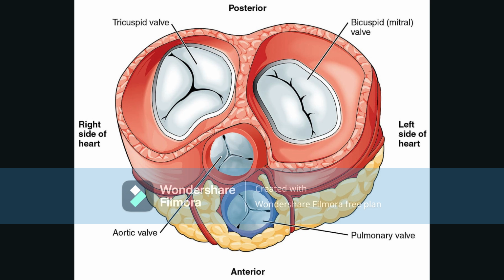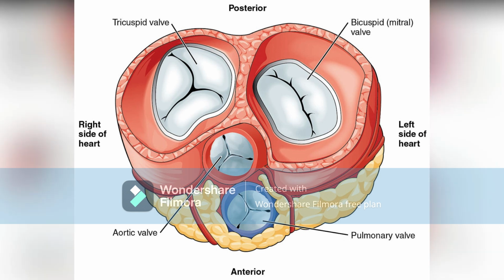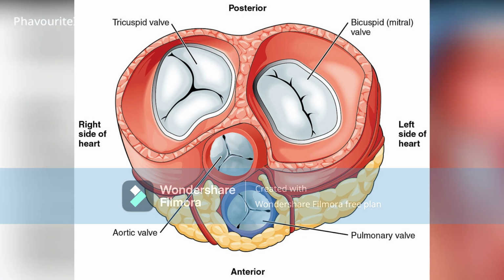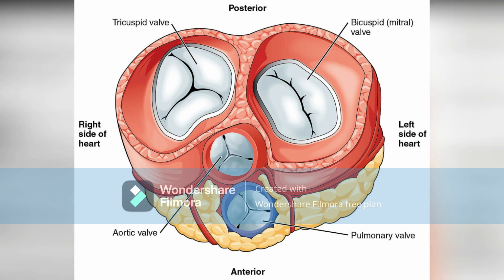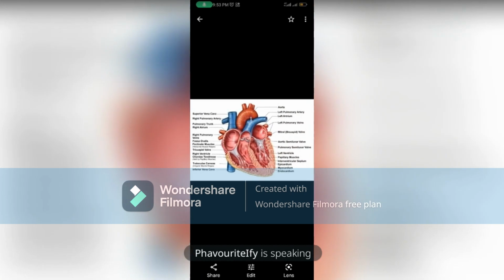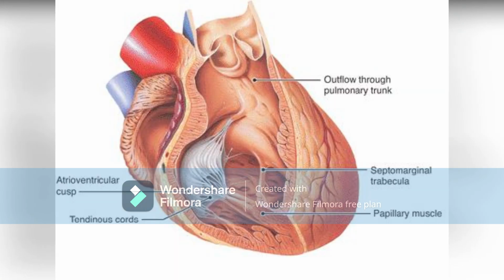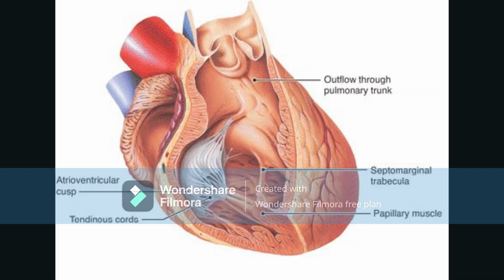Another thing, the mitral and tricuspid valves are supported by the chordae tendineae. They are also attached to muscles called papillary muscles, which are located on the interior surface of the ventricles.